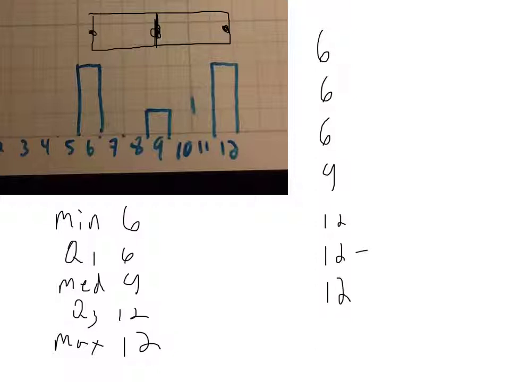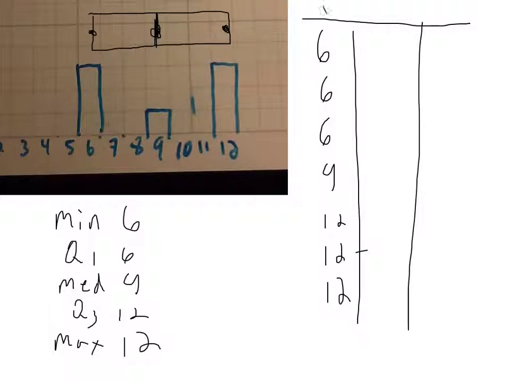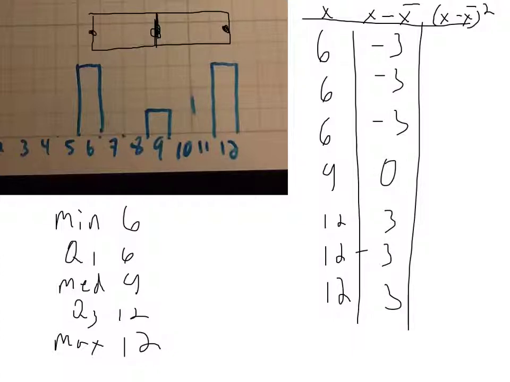So let's see if I have enough room to do that calculation with the standard deviation right here. I think so. So there's x, here's x minus the mean, and here's x minus the mean squared. The mean's 9. So -3, -3, -3, 0, 3, 3, 3. I'm going to square each of those, so 9, 9, 9, 0, another 9, another 9, another 9, and I've got 6 nines, so I believe that's 54.